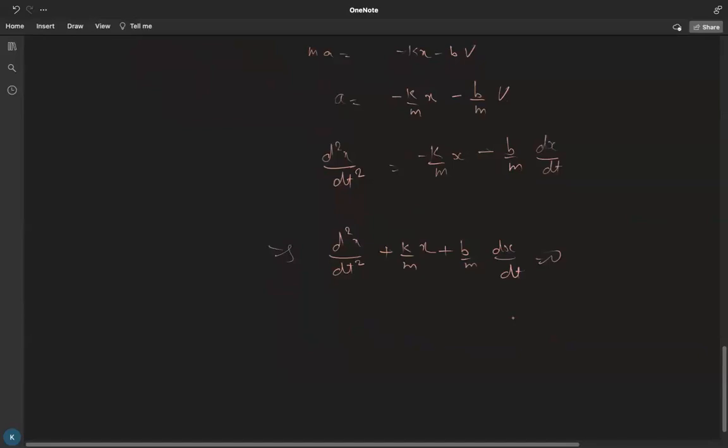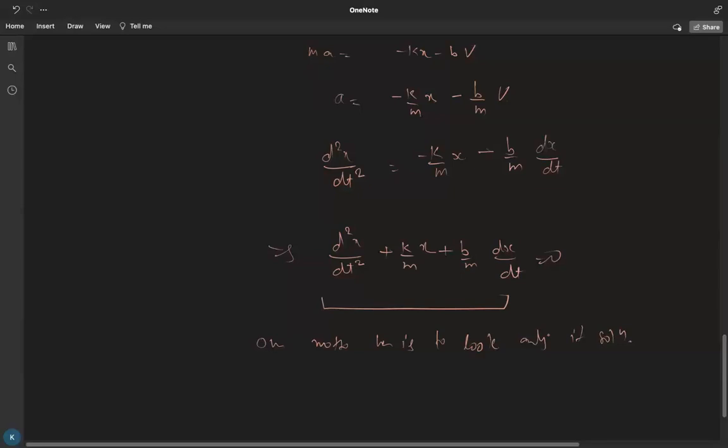We are not focused here on solving this differential equation. Our motto is only to look at its solution, not to solve this equation.